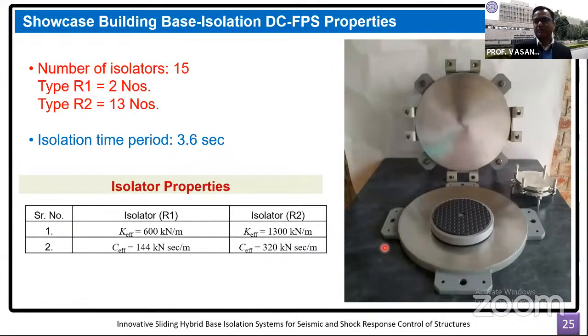There are other hospital buildings in the northeast which are being built with the base isolation technology, and some in Bihar. But again, these are very few. Rest of the hospital buildings, mostly newly built, are with the conventional fixed base technology.